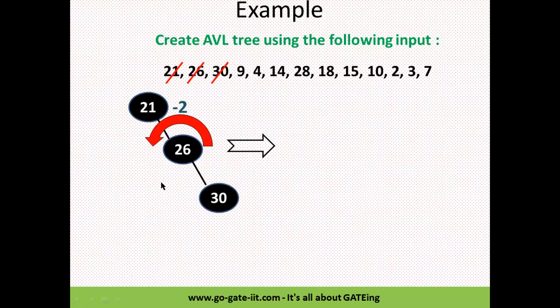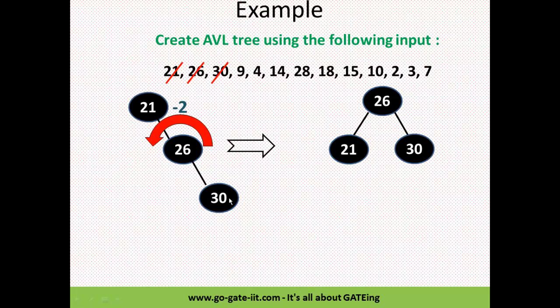Due to the left rotation, 26 will push 21 to the left hand side, and 30 will remain the same. So you can see the structure: 21 on the left hand side, that means 26 has pushed 21 to the left due to left rotation. So this was a right imbalance.